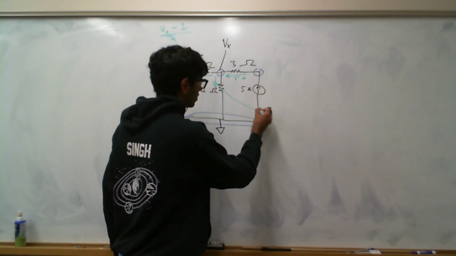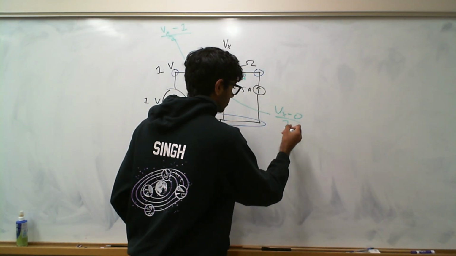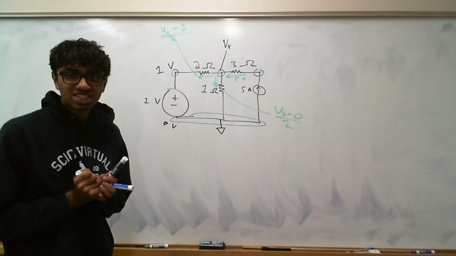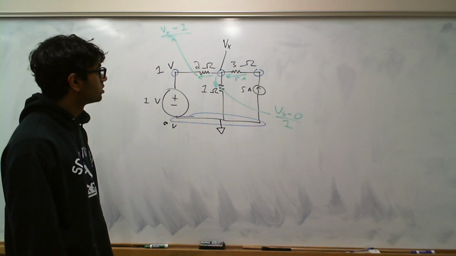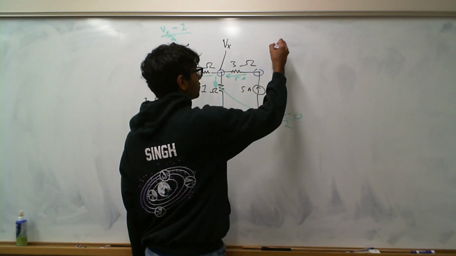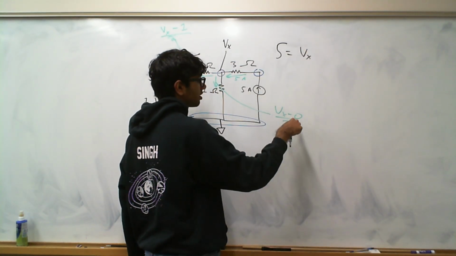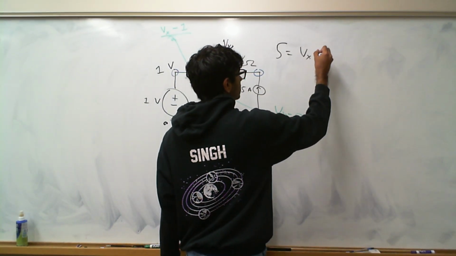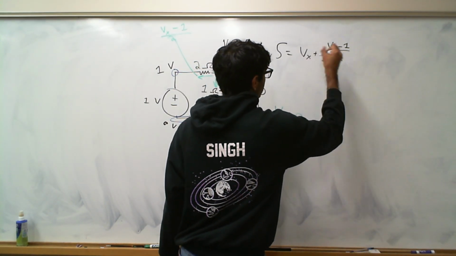So the current here is going to be Vx minus 0 over 1. Then we just add those together and set that equal to 5 amps, because that's the current going in, and we have these two currents going out. So 5 equals Vx, because that's just Vx minus 0 over 1, plus Vx minus 1 over 2.